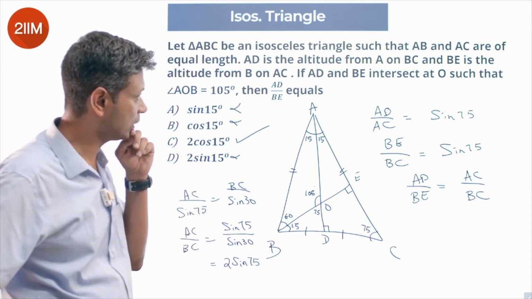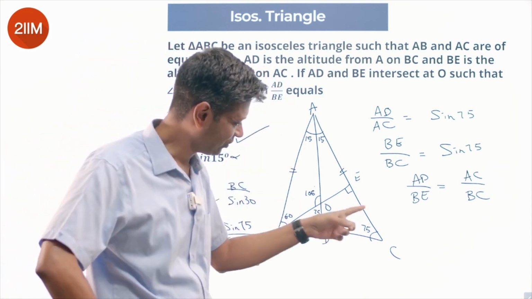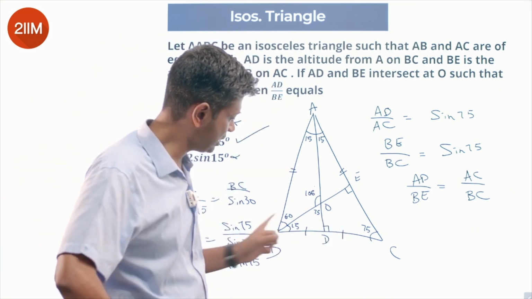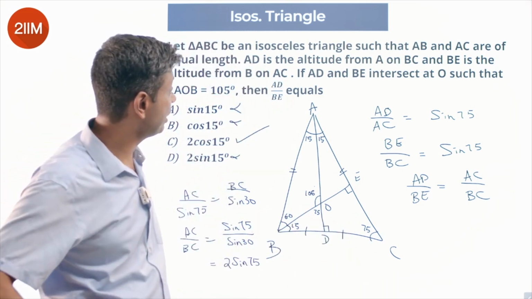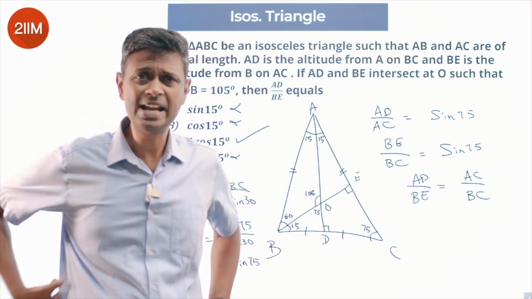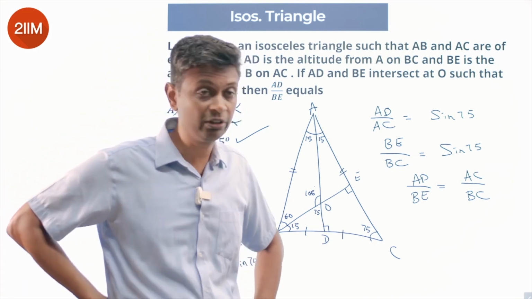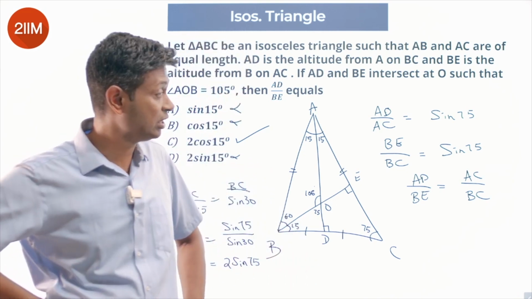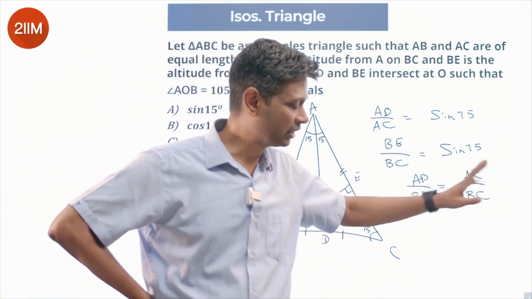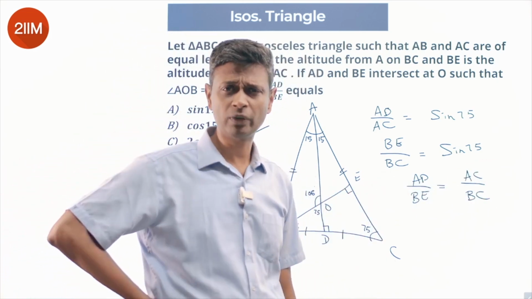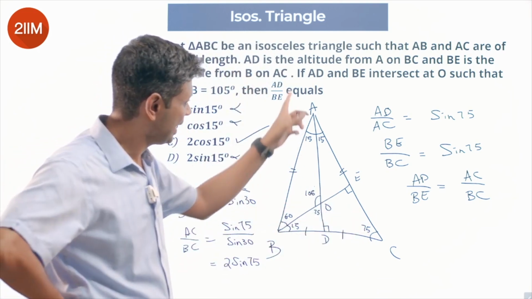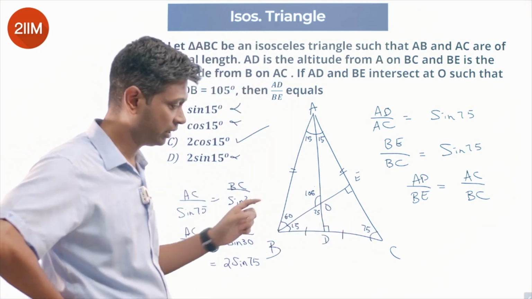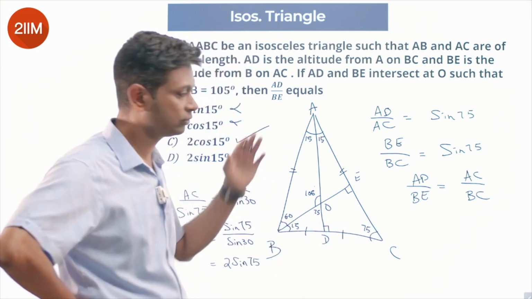What are we doing here? We are writing AD by AC as sine 75. We are writing BE by BC as sine 75. Opposite by hypotenuse. So AD by BE is what we want to find. AD is AC sine 75, BE is BC sine 75. AD by BE is AC by BC. Sine 75 gets cancelled. We need to get the ratio of AC to BC. Sine rule: AC by sine of 75 is BC by sine of 30.